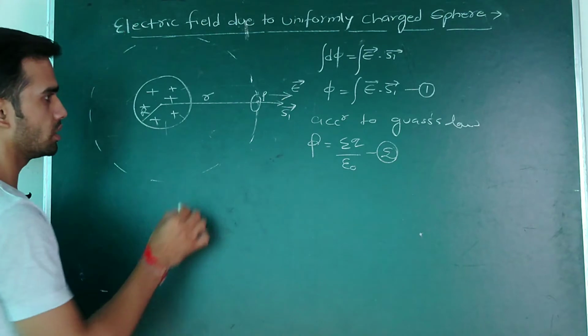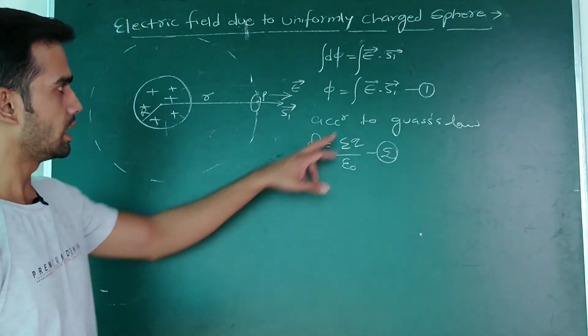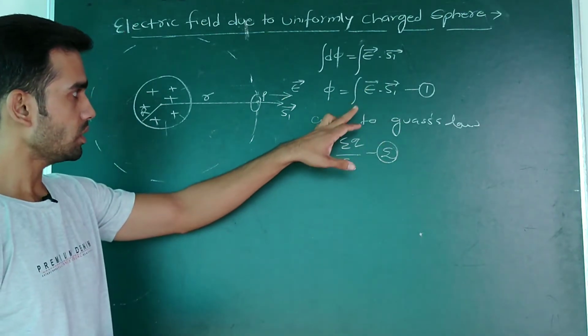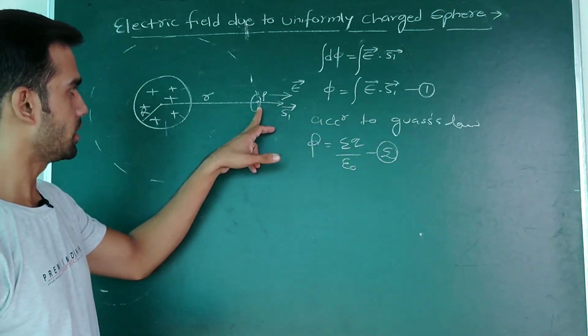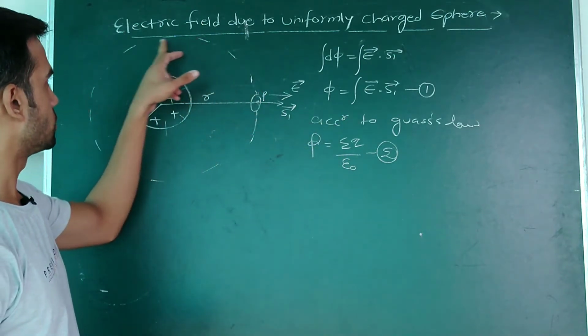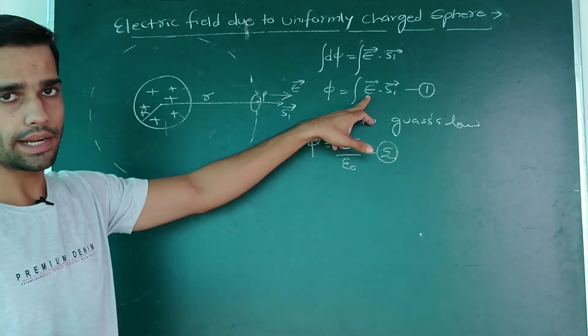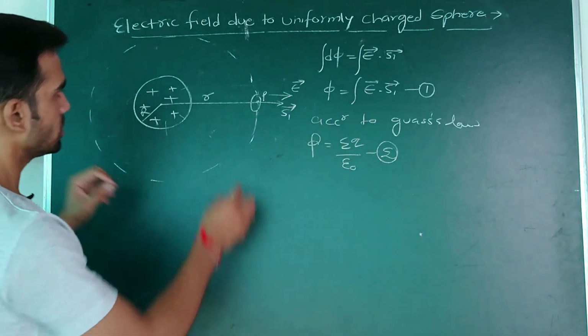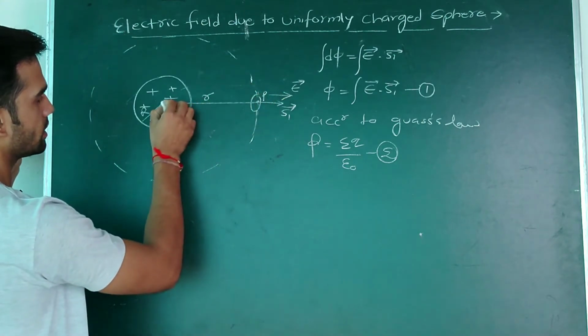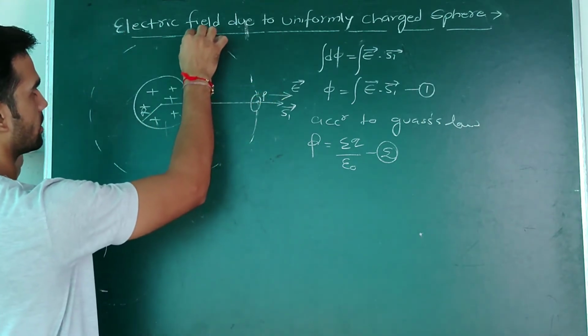Another important point in equation 1 is that whenever you calculate electric field at any point of this Gaussian surface, the electric field will be constant, because every point on this Gaussian surface has the same distance from the center.